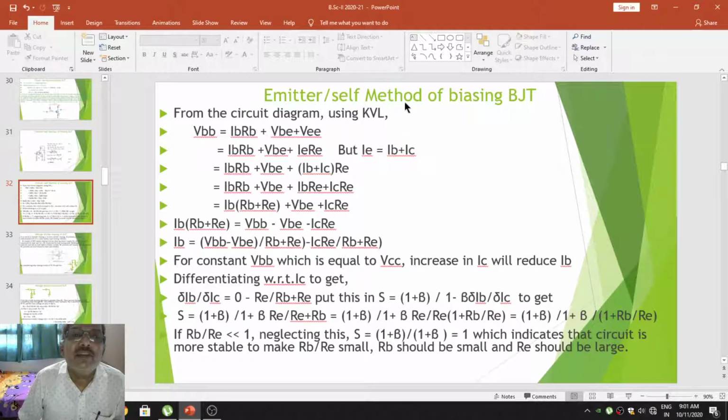from the same circuit, by applying Kirchhoff's voltage law, by considering the same equation, we can get V_BB equal to I_B R_B plus V_BE plus V_EE. That's equal to I_B R_B plus V_BE plus I_E R_E, because V_EE is equal to I_E R_E, but I_E is equal to I_B plus I_C. We are well aware. Put that value of I_E in this equation so as to get I_B R_B plus V_BE plus I_B plus I_C into R_E.